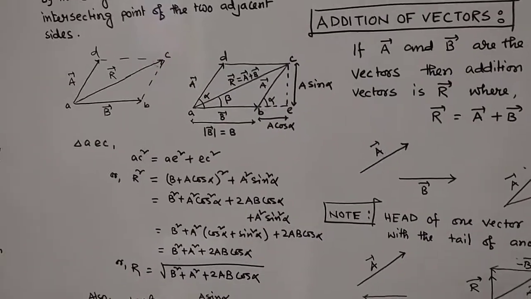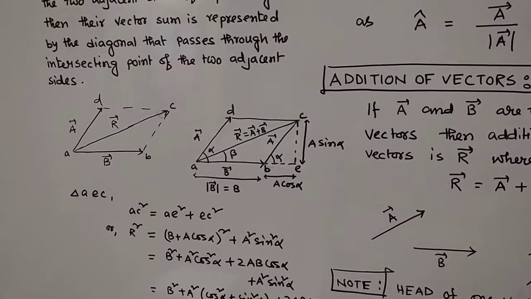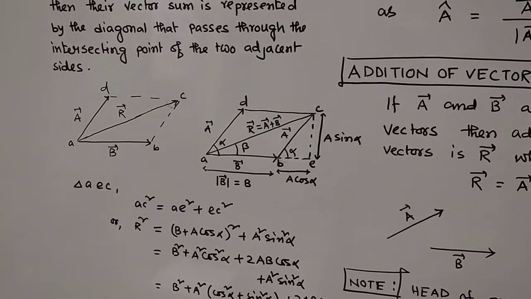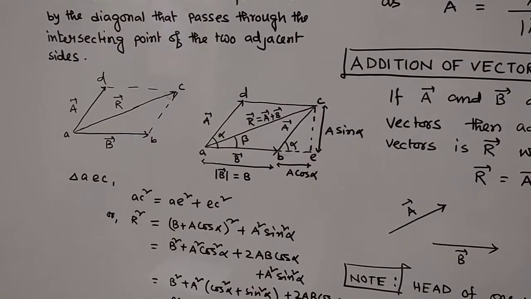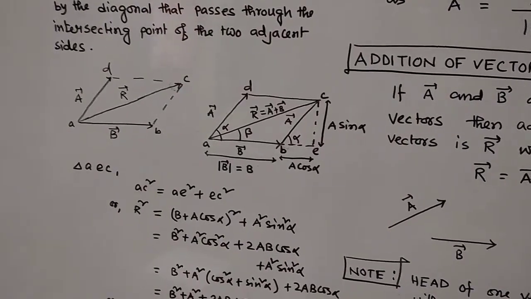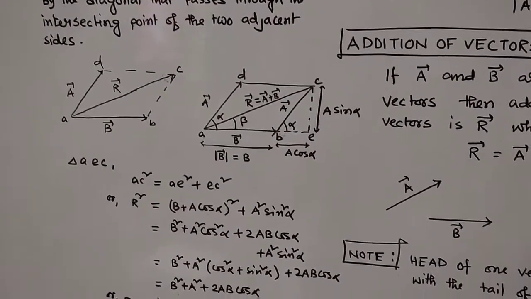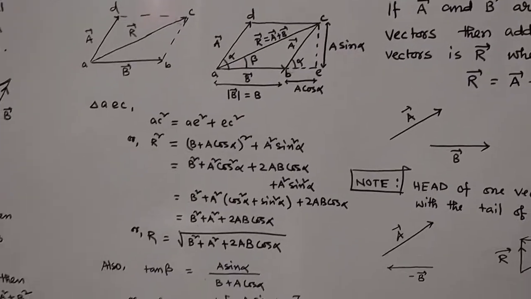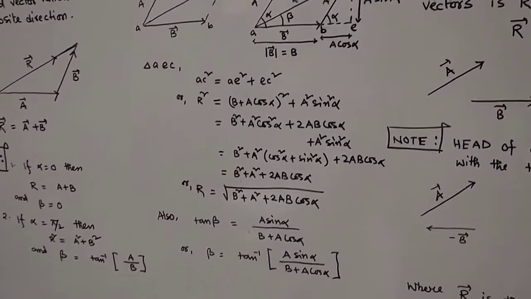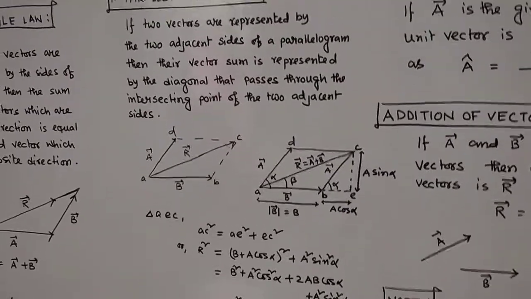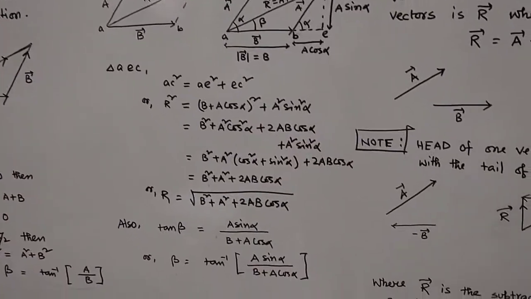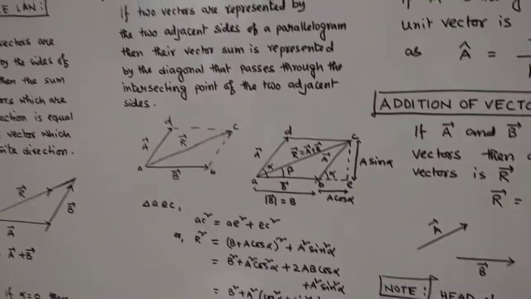Beta is the direction with respect to the B vector, the direction of the diagonal, and the diagonal is the vector sum. So R is your magnitude and beta is your direction. That can be defined using the parallelogram law of vector addition. I think you have understood; it's very simple geometry.